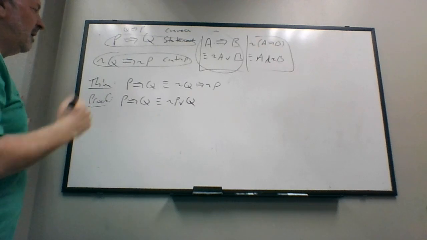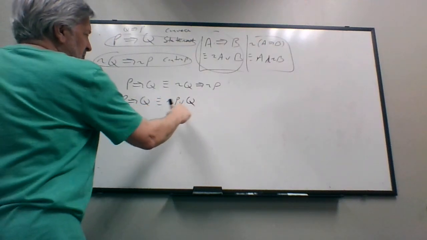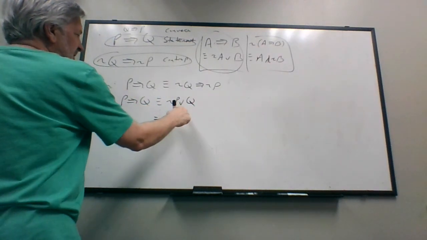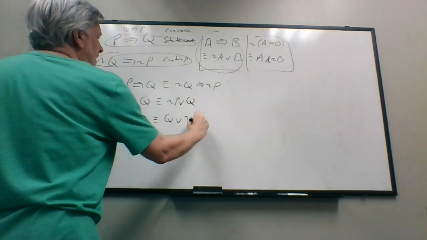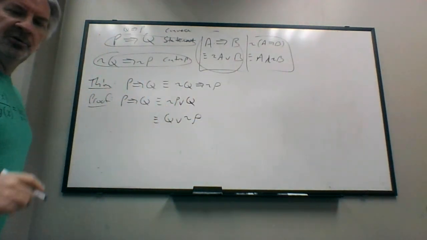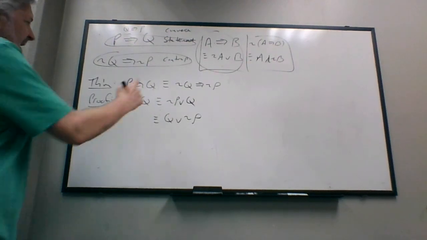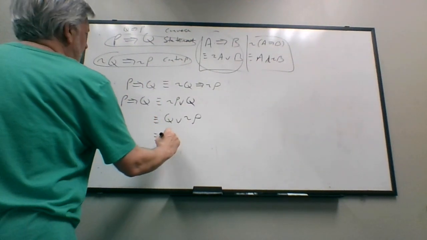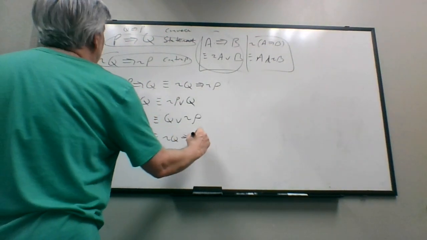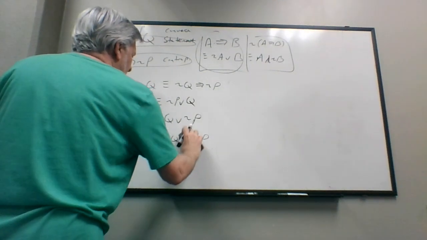Okay, no problem. But we have the commutative property. This is logically equivalent to Q or not P. I just switched them using commutativity. And now I claim that's the same thing as not Q implies not P. Now, why is that?